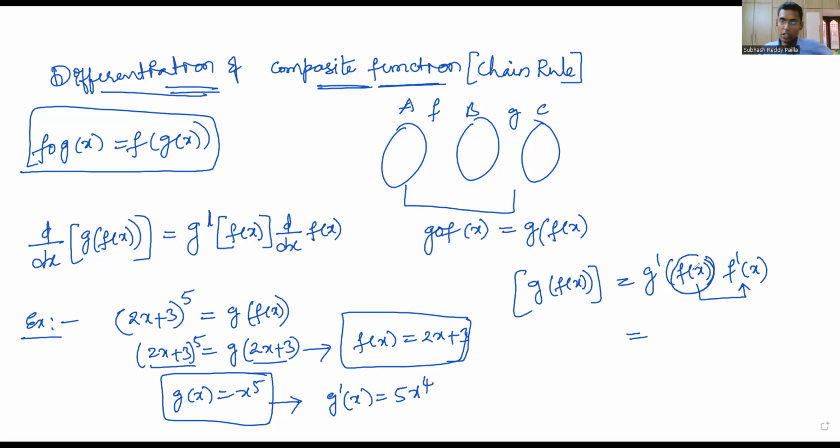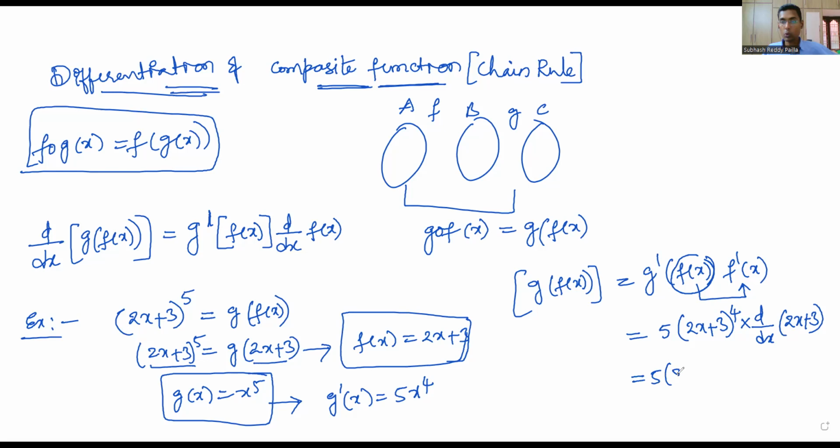So here also, g dash of f of x, in the place of x you have f of x. That is 5 into 2x plus 3 whole to the power of 4, into d by dx of 2x plus 3, because in the place of x, f of x is there. That further also you have to differentiate again.